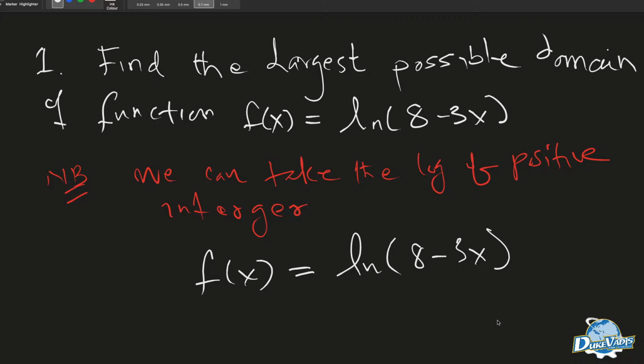So for f of x equals natural log of 8 minus 3x, as we are taking the log of a positive number, this implies that 8 minus 3x should be greater than 0.